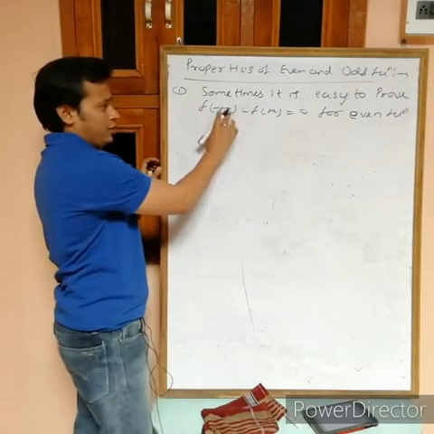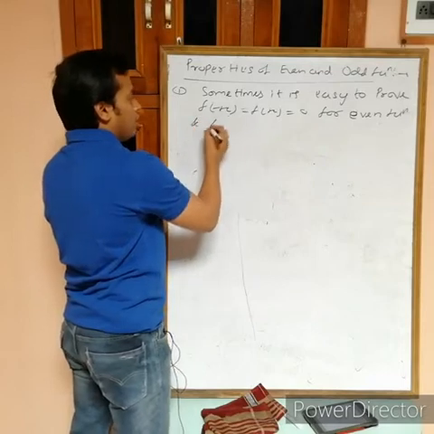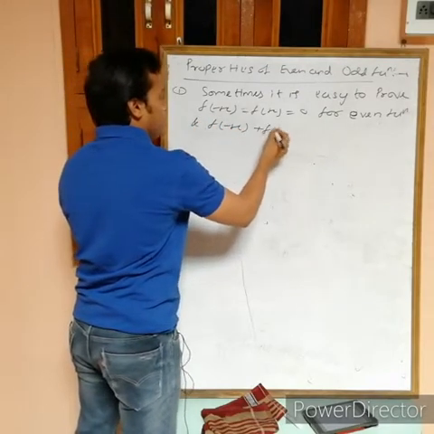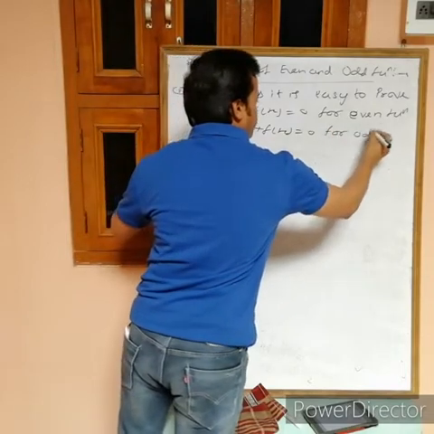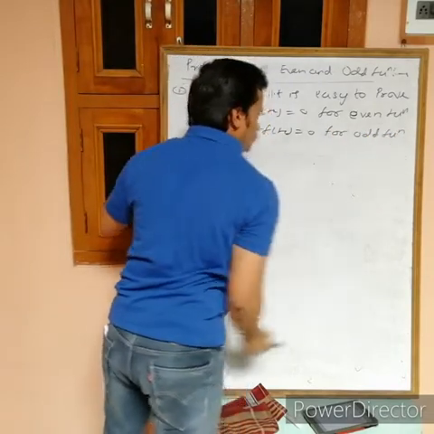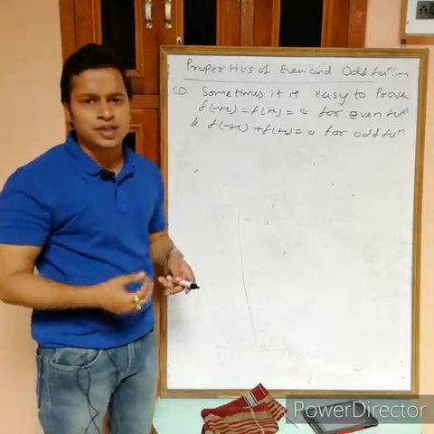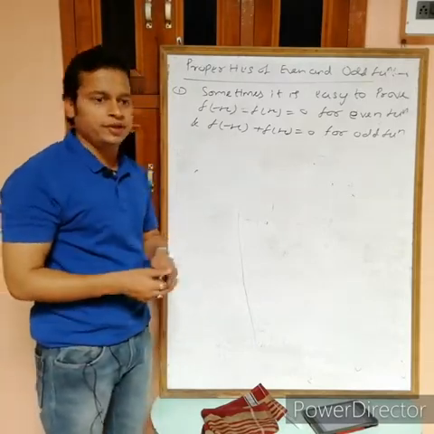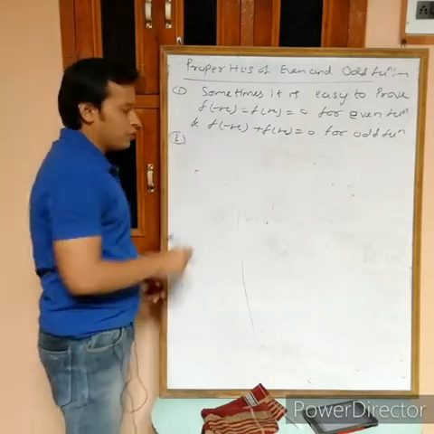Same thing: in f(-x) = f(x) it means an even function, and f(-x) + f(x) = 0 for an odd function. Sometimes if you can't easily write f(-x) in terms of f(x), then try these. I will take an example based on this one. Now, second property.